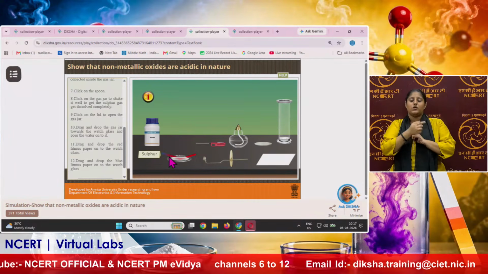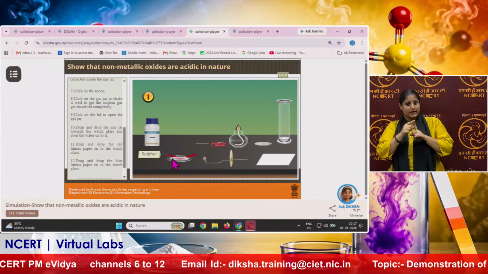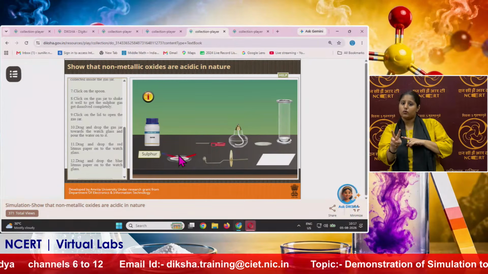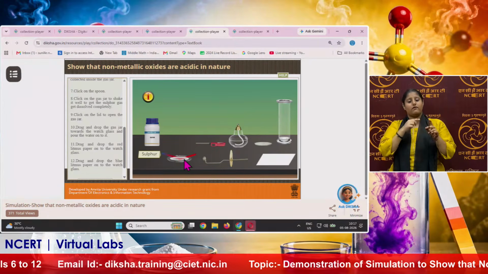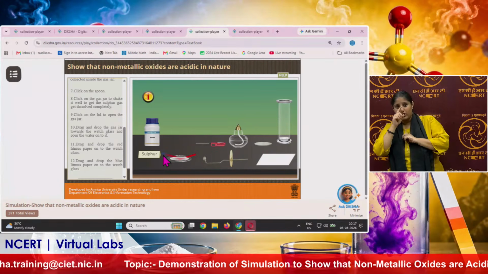So it confirms that the non-metallic oxide, which is SO2, is acidic in nature. If the solution is basic, then red changes to blue, but it is acidic, so blue turns to red.